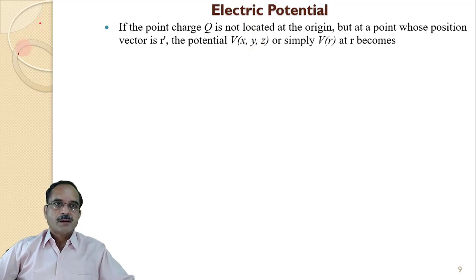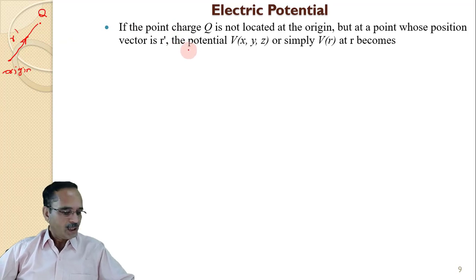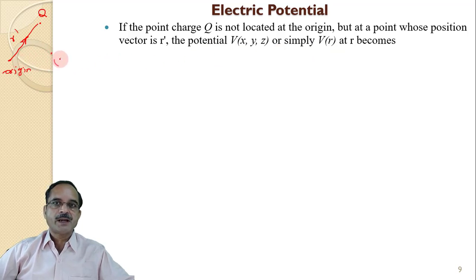Now suppose this is the origin here. If the point charge is not located at the origin but at a point whose position vector is r dash. So suppose Q is located here and the position vector is r dash. The potential Vxyz or Vr at r. So suppose I want to find out the potential at this point Vr.